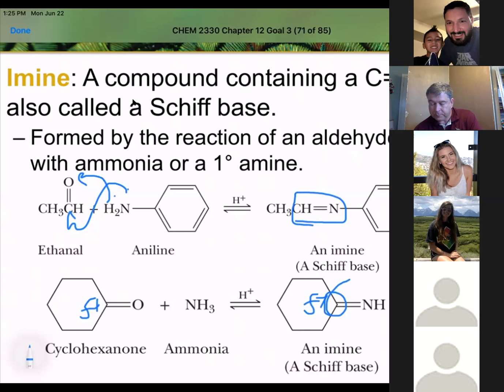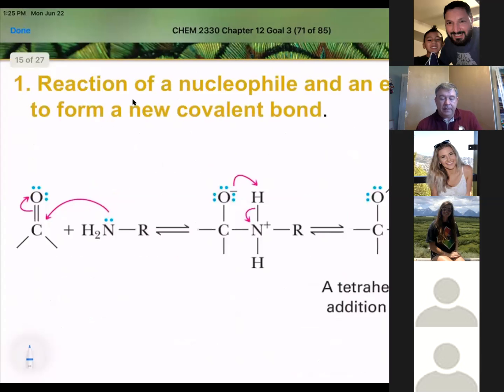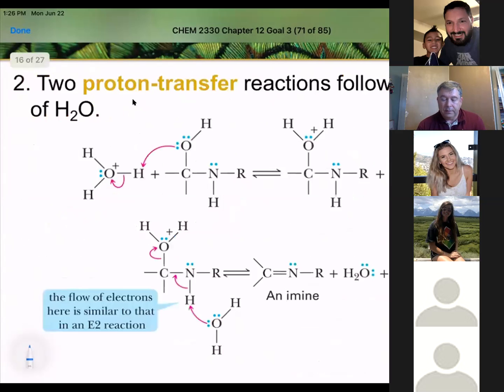carbon. Okay, and so the mechanism is nice and simple. We have our attack by our nucleophile to generate our new carbon-nitrogen bond here. Then we have a proton transfer to give us our alcohol. Then we can have another proton transfer to the alcohol to give us our better leaving group here.